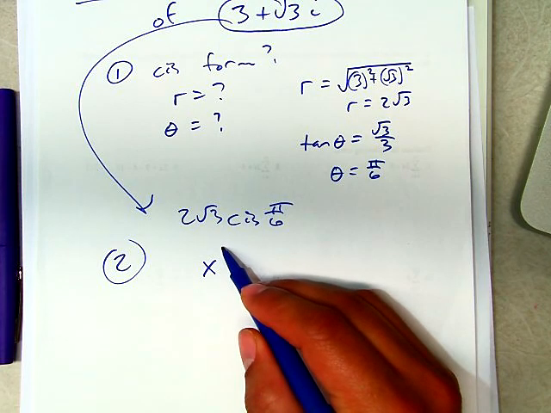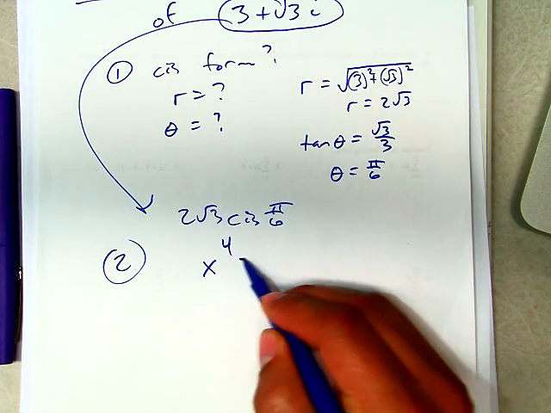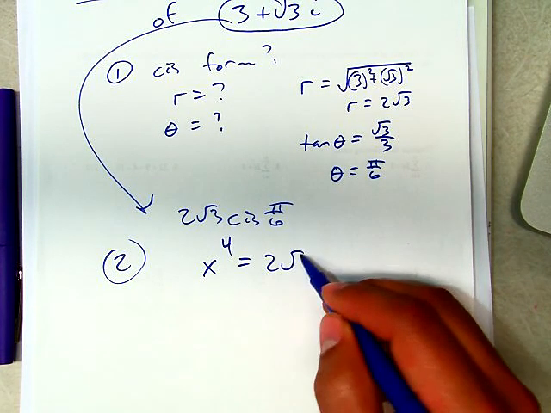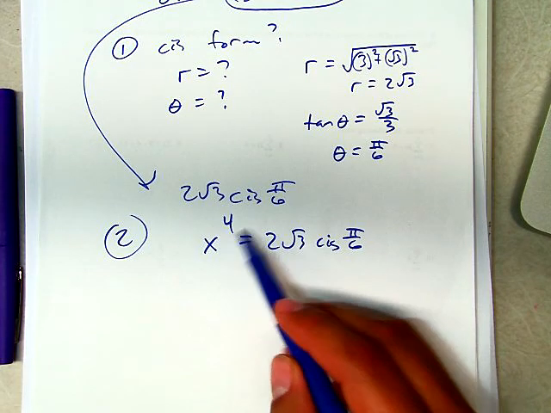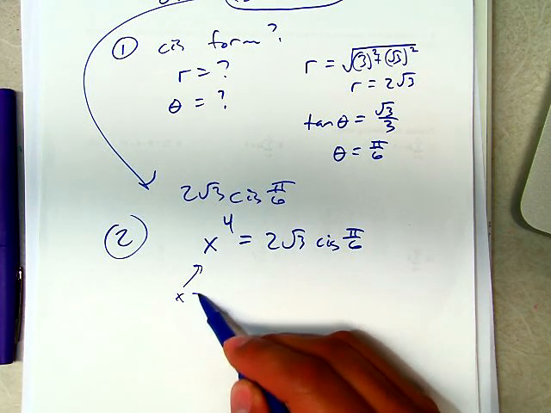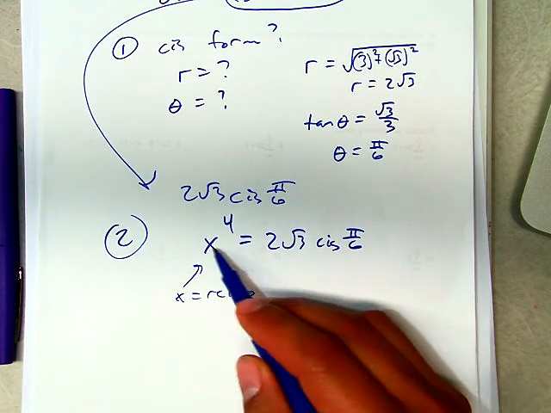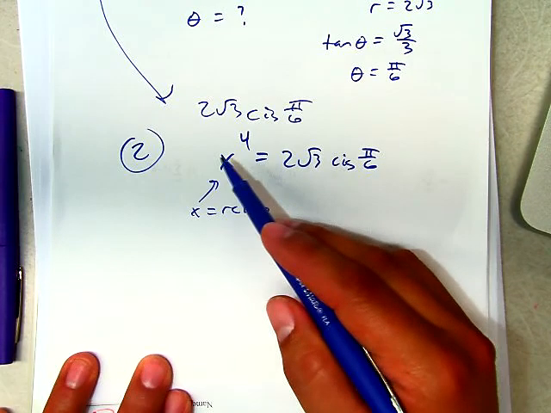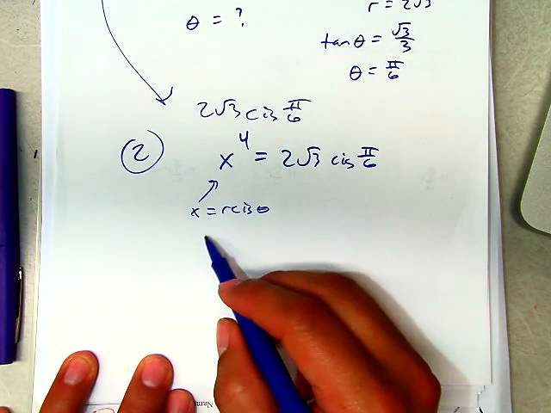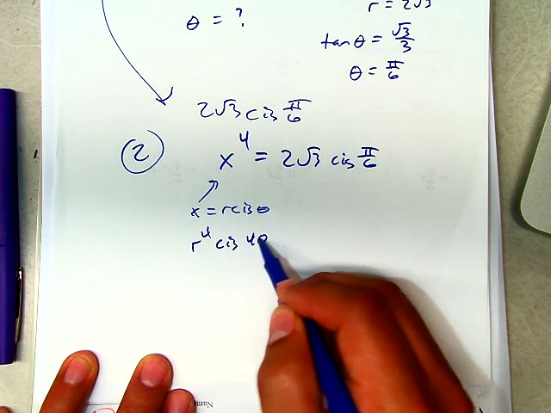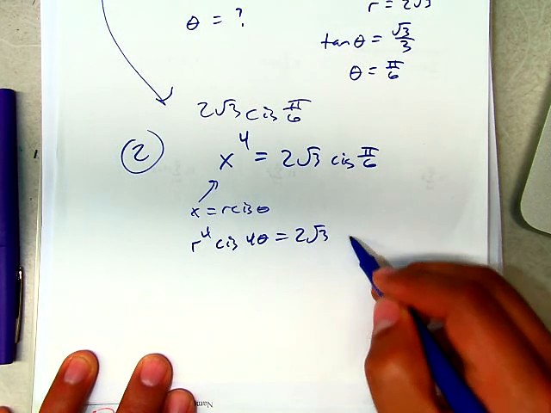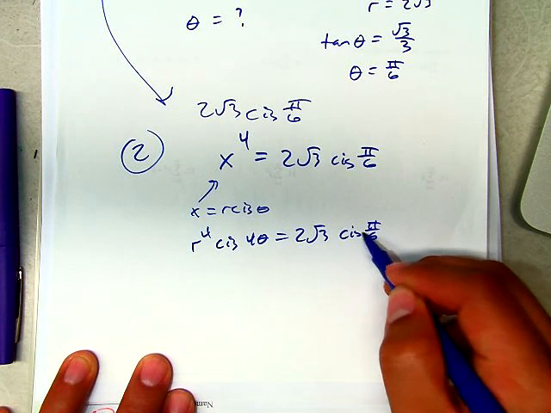X to the 4th equals 2 root 3 CIS pi over 6. And then, again, if I plug x equals r CIS theta into here, then this left side becomes what? r to the 4th, CIS 4 theta, and now you're good to go from there.